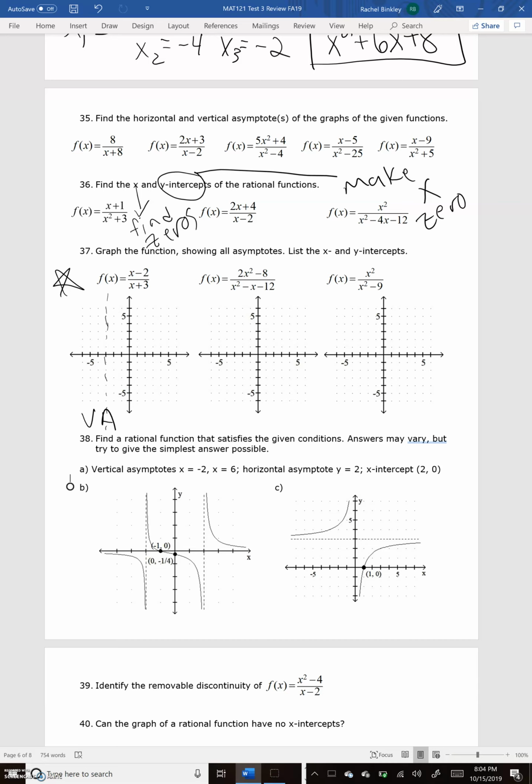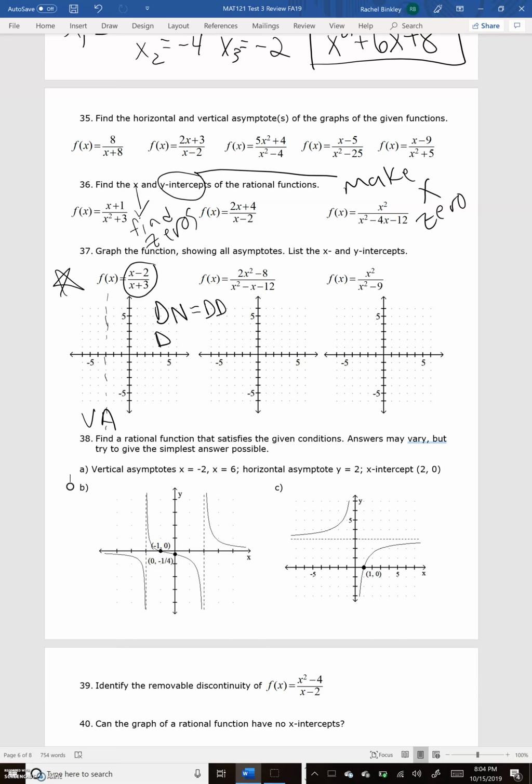And then the horizontal asymptote, there are 3 rules that you need to know. The first rule is if the degree of the numerator is equal to the degree of the denominator, like we have here, then you're going to have a horizontal asymptote of 0.